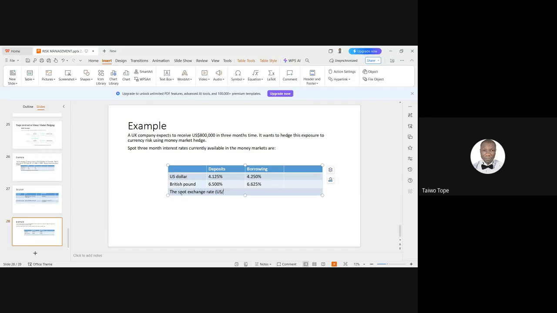Let me use it as pounds. US dollar per pound is 1.7780. So with this question, how can the UK company hedge?